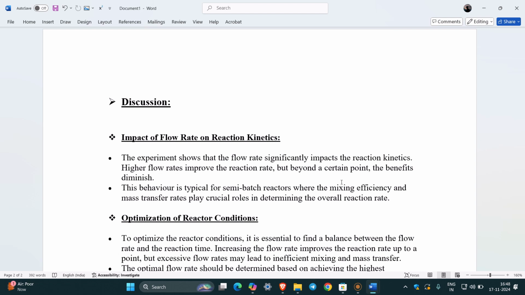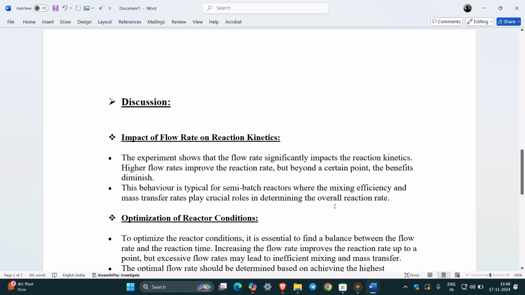I have mentioned this point also: as we increase the flow rate beyond a certain point, the efficiency of the reaction decreases. That is, the conversion will be less. This behavior is typical for a semi-batch reactor, where mixing efficiency and mass transfer rate play a crucial role in determining the overall reaction rate.